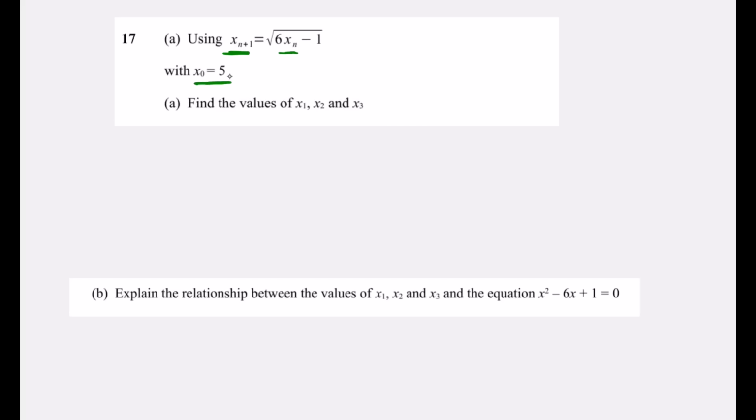So we're starting with 5. That's what we're substituting in first. So to find the first one, x1, it's the square root of 6 times 5, take away 1. So we're substituting in 5 first, and that gets out our first answer.